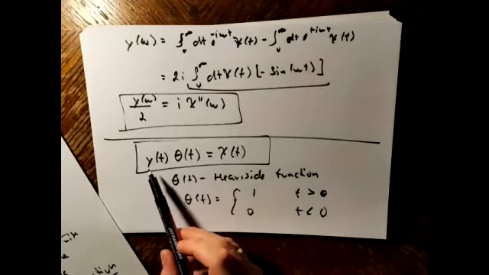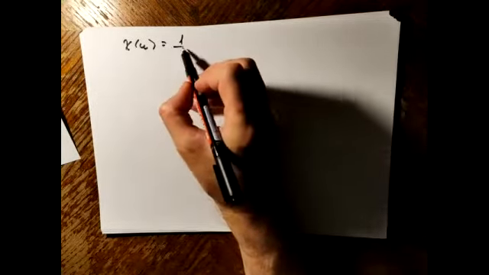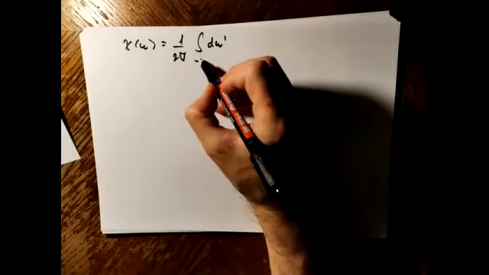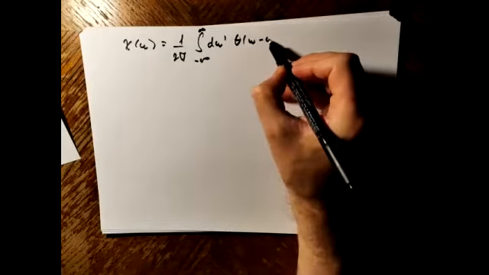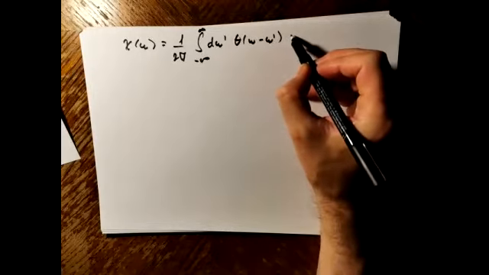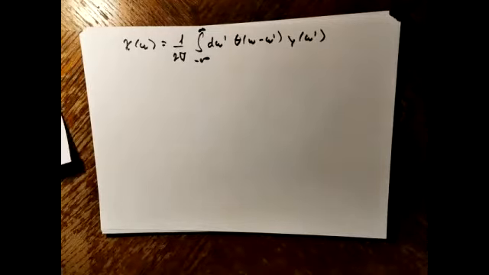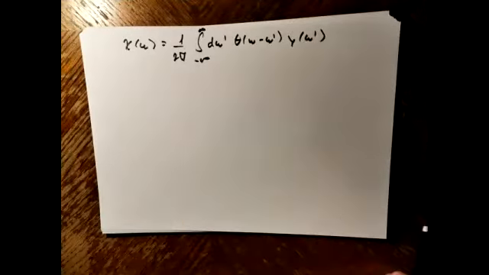And this is what you could say is an inverse convolution, because based on this, you can write that for the Fourier transforms, it should hold that this is 1 over 2 pi integral d omega prime from minus infinity to plus infinity theta of omega minus omega prime y of omega prime. So from this equation we inverted the convolution by writing it in frequency space.